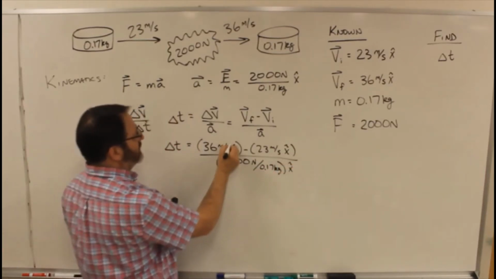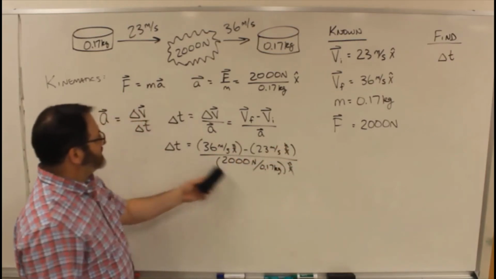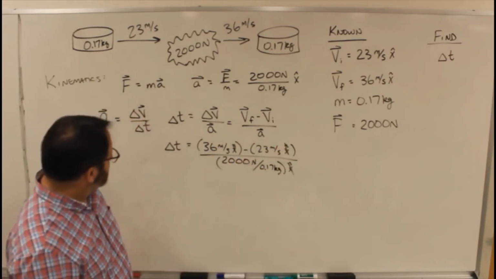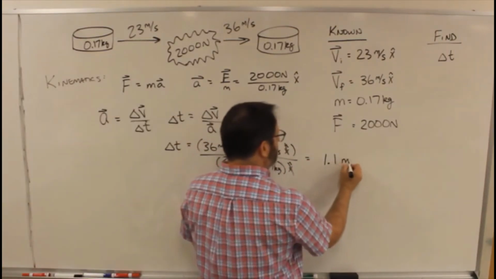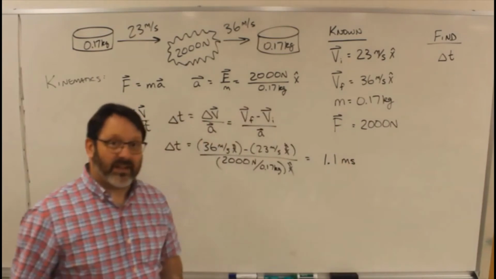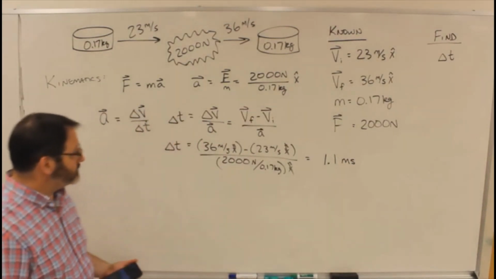They're all x directions, so the x direction cancels out here. So we get just time. So that is 1.1 milliseconds, 1.1 times 10 to the minus 3 seconds.